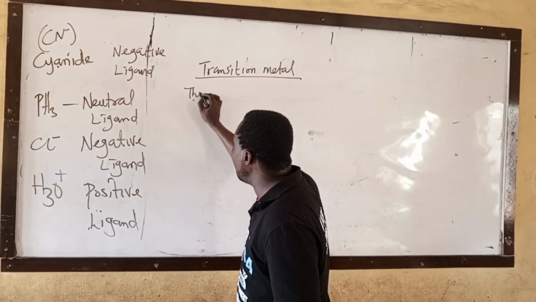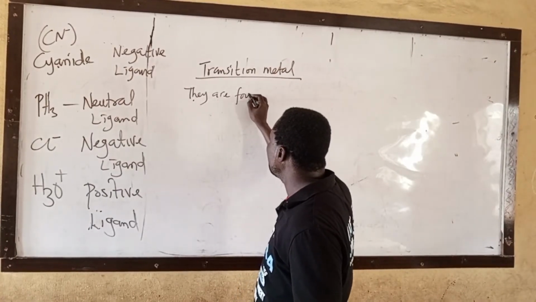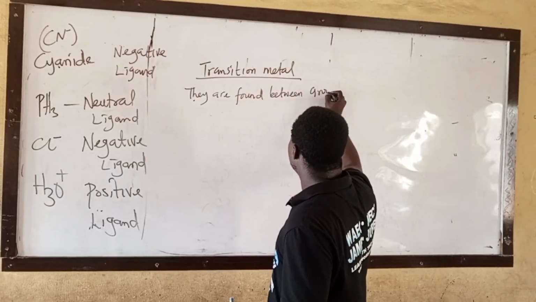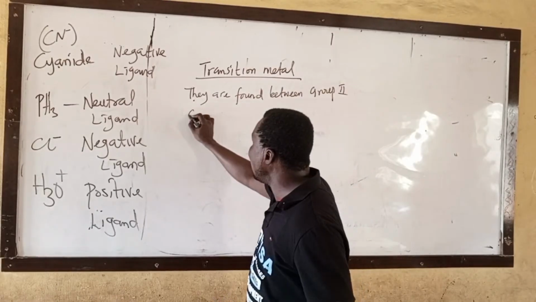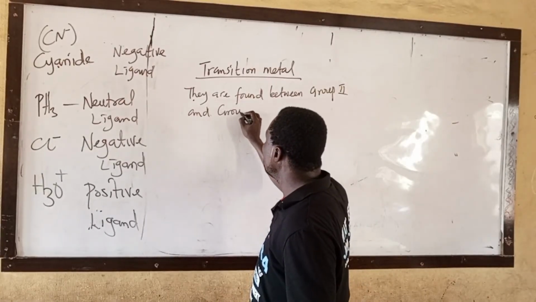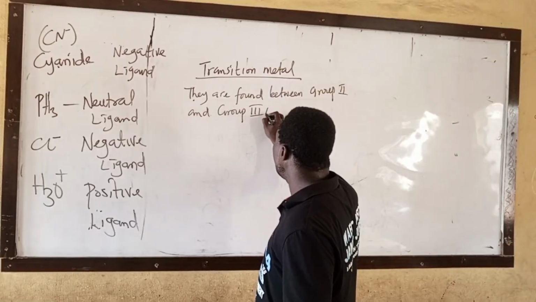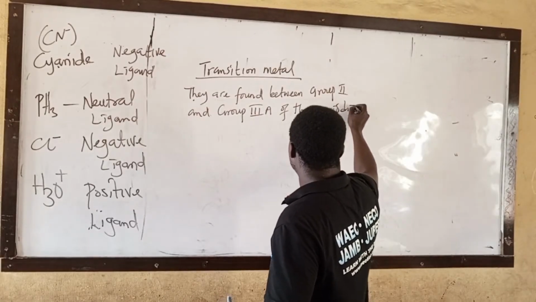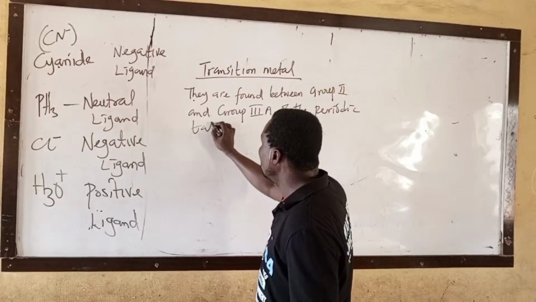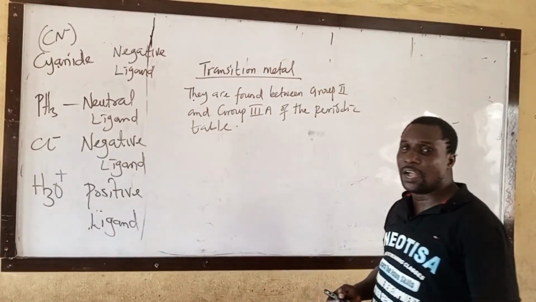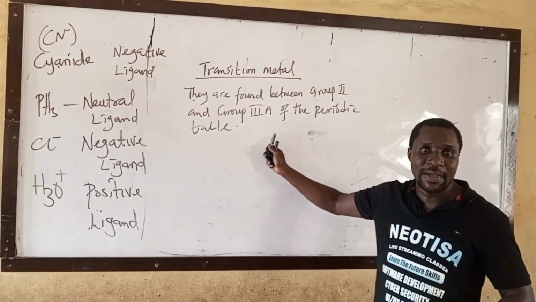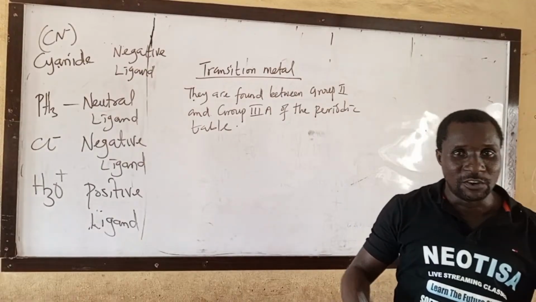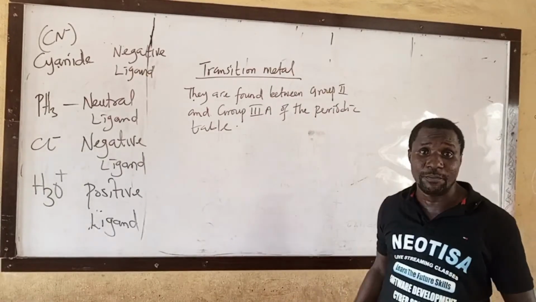They are found between group 2 and group 3A of the periodic table. Which metals are found between group 2 and group 3 of the periodic table? They are our transition metals.